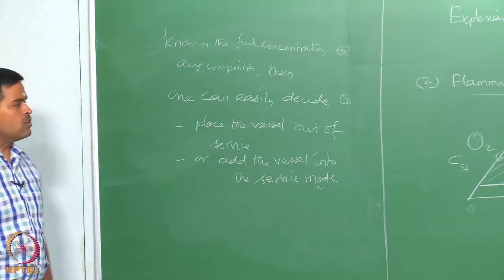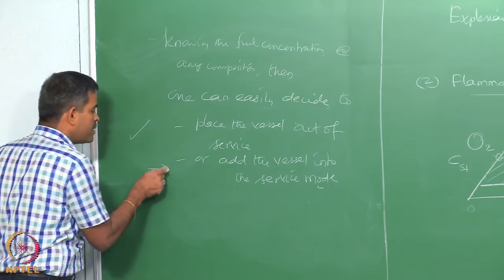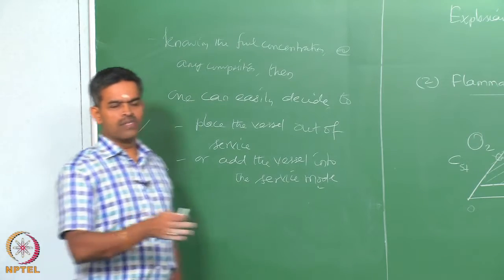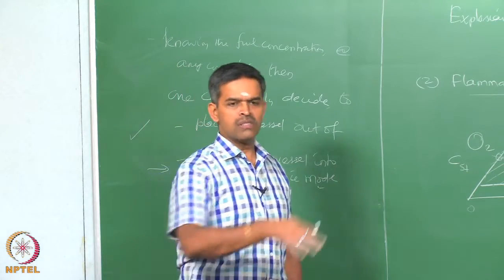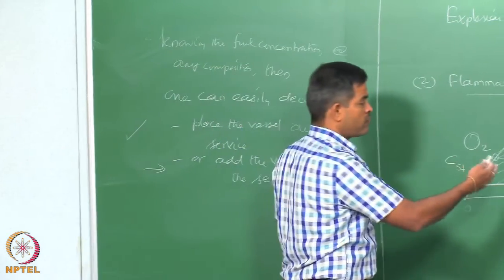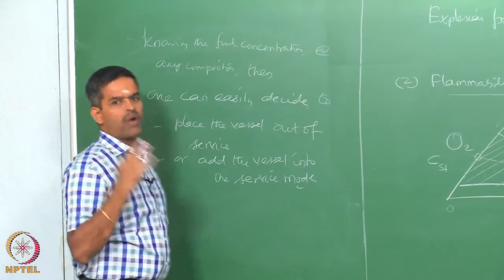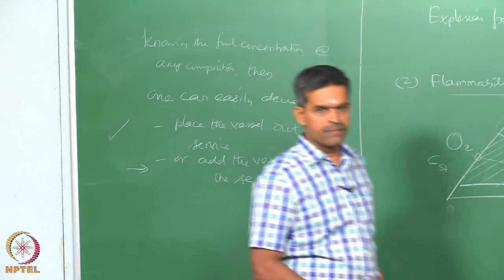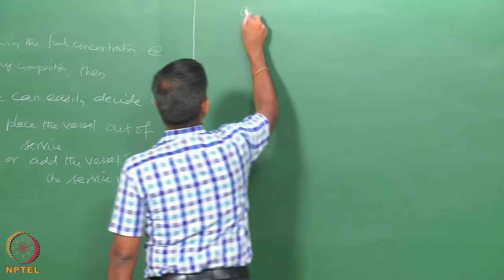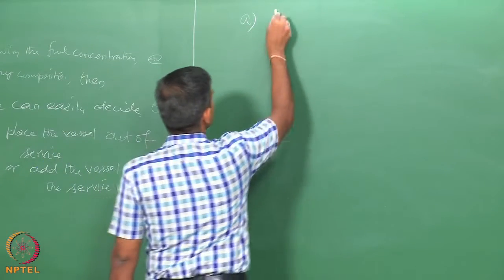So, one can think about whether the vessel can be placed out or added in the process line. So, one can always decide intelligently the process diversions such that fire hazards for the fuel concentration at that composition can be avoided. Let us take for the first case placing the vessel out of service.